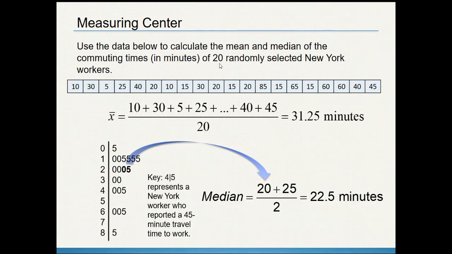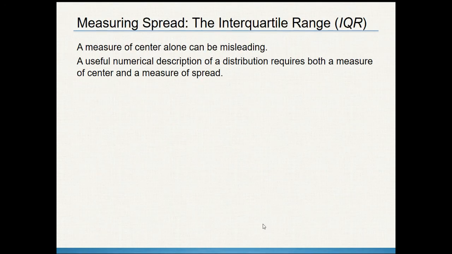We know that's an even number, so we could divide it up between 10 and 11. Go to the 10th one. You count them: 1, 2, 3, 4, 5, 6, 7, 8, 9, 10. Between the 10th and the 11th one is the median in this case. So it's the average of 20 and 25. And again, that's how you get that. You can look at it that way too. Either way. All right, so the interquartile range, IQR.